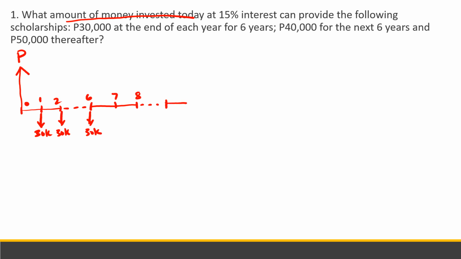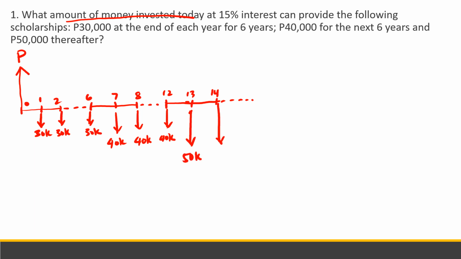So this is 7, 8 hanggang 12. So makareceive ka ng 40,000 for the next 6 years, and after 12 years, so that is 13, 14, so hanggang kailan, so that is infinite or indefinitely, makaka-receive ng 50,000 pesos. So that is indefinitely.